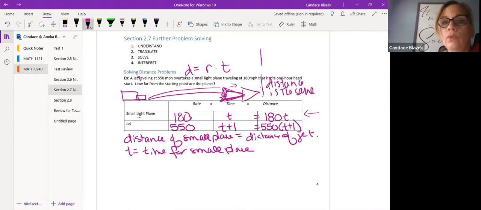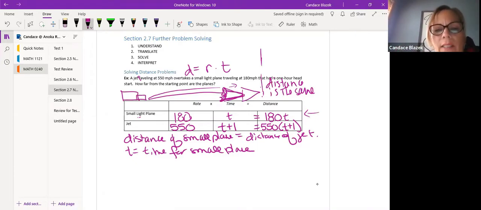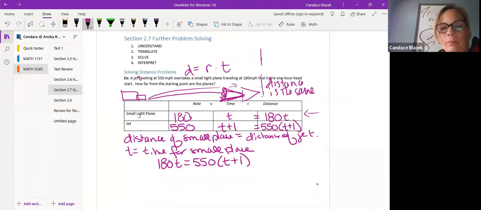We know that when the jet meets the plane, their distance is the same. So I'm going to write the distance of the small plane, 180t, is equal to 550 times t plus 1. And then we solve.